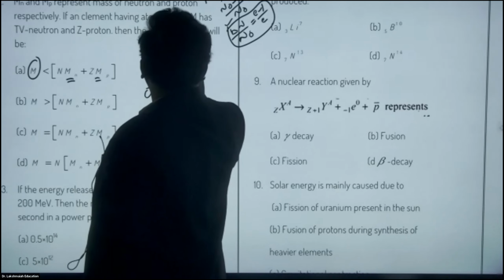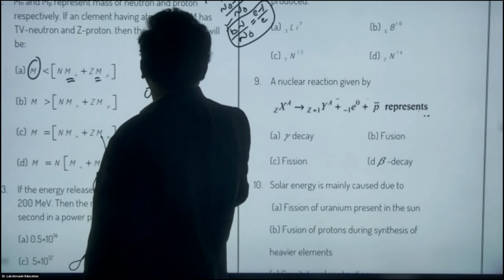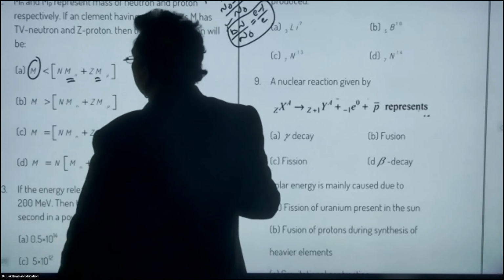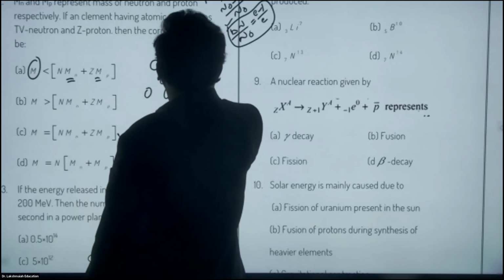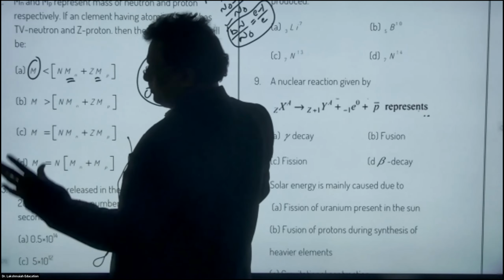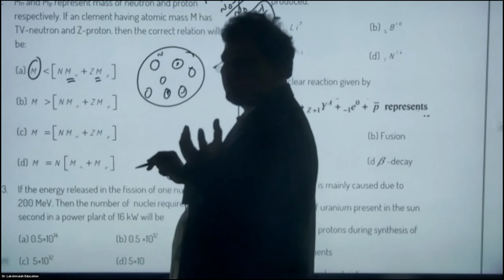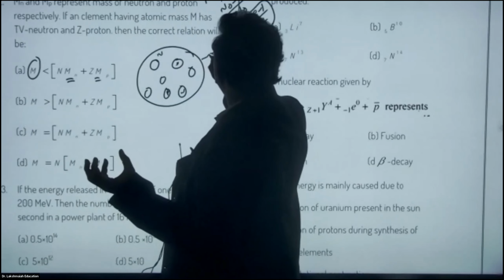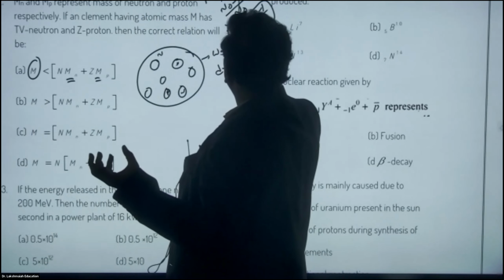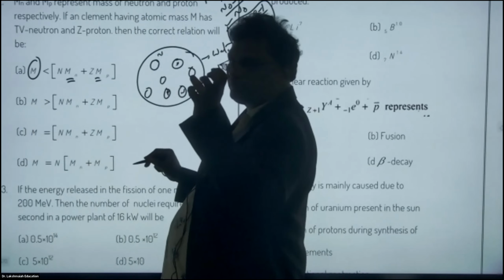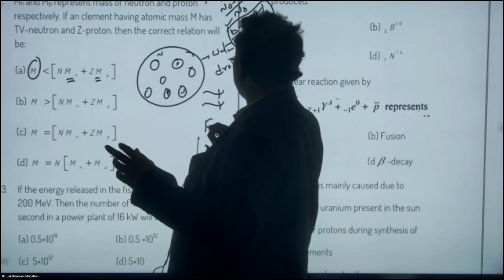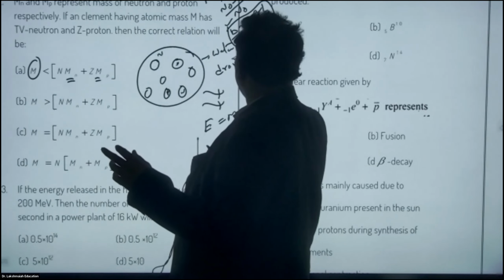For example, some protons are there, some neutrons are there. All these collide together to form a big drop, like the water drop concept. Collide to form a big drop, they release some energy. That energy is equal to mc square.